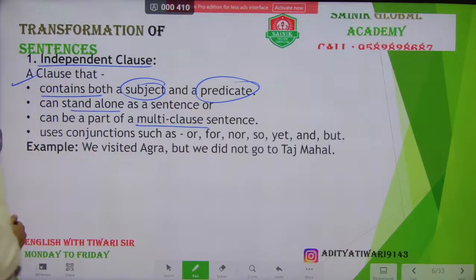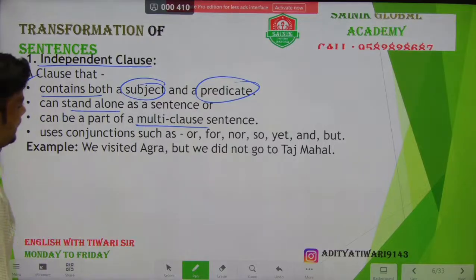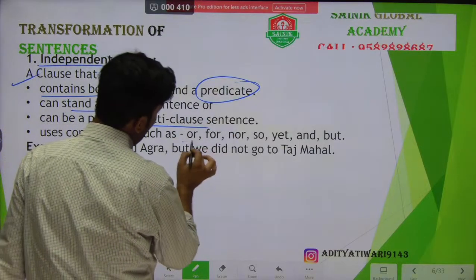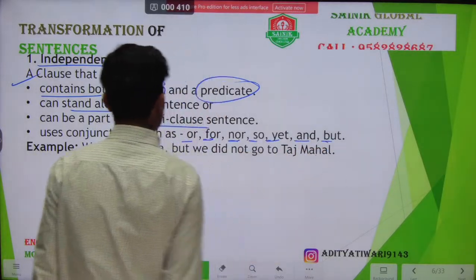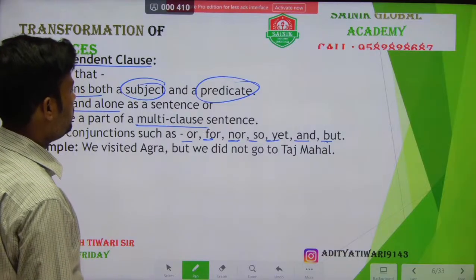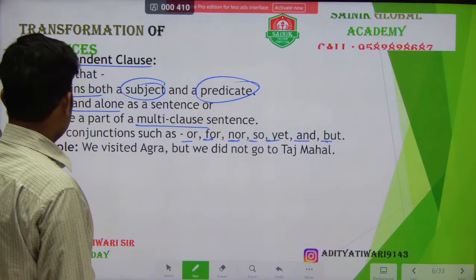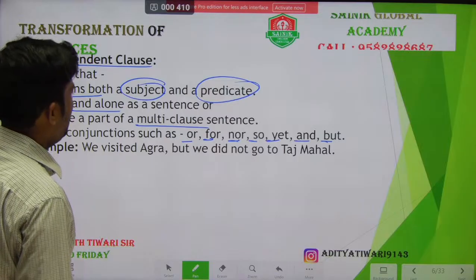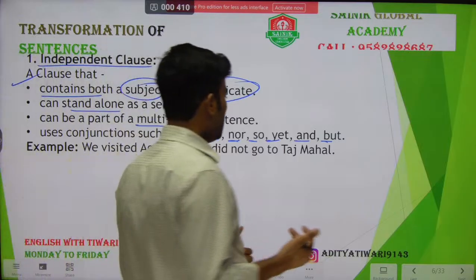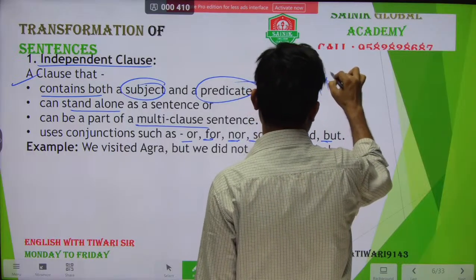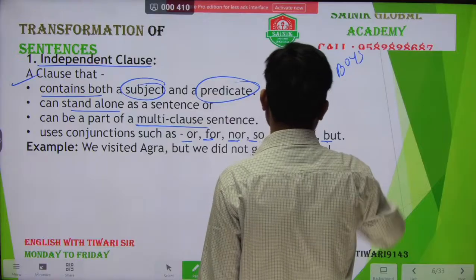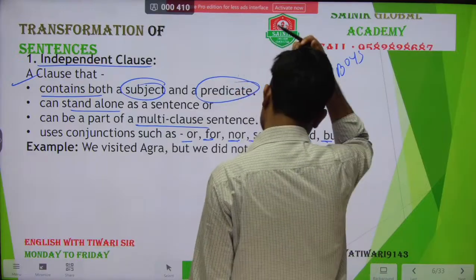And in an independent clause we use conjunctions like or, for, nor, so, yet, and, but. Means we can say that in an independent clause we can use the conjunctions of FANBOYS.